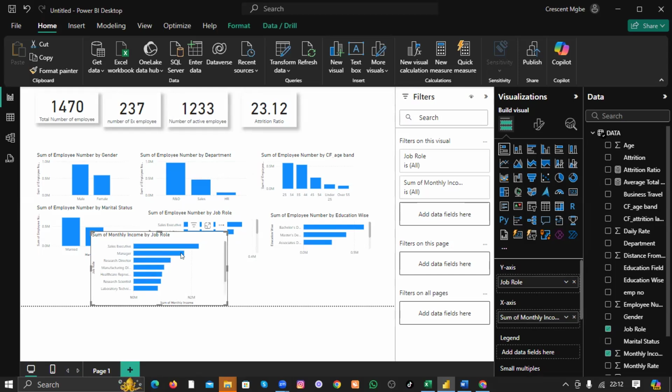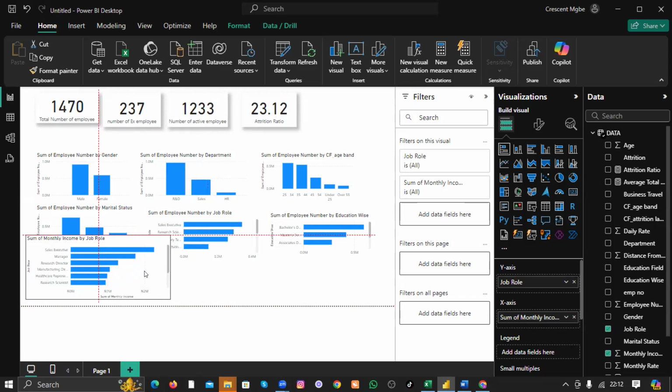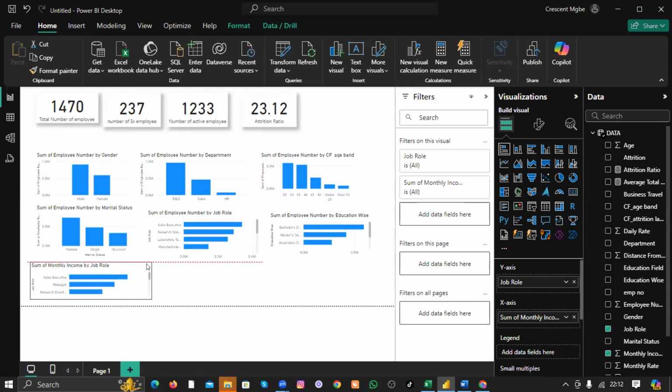Then followed by manager, followed by research and development, followed by marketing, followed by healthcare representative, followed by research scientists, and then laboratory technicians. So this is how they earn here by job role, depending on what you're doing in the organization.